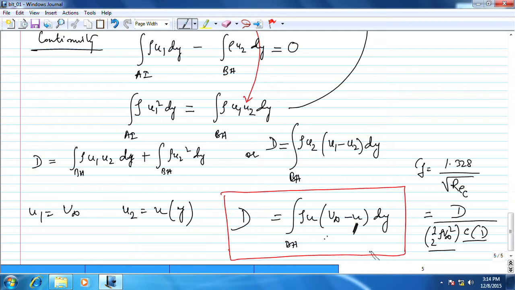So let us take a little bit of a problem and see if that is even possible. For example, let us take an expression for this u, the free stream velocity, and see if that even works.